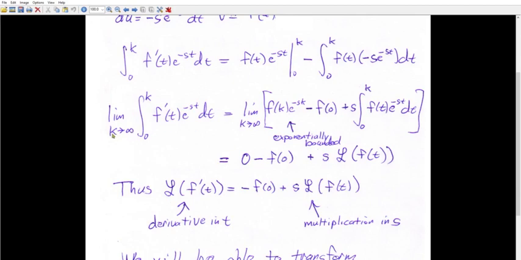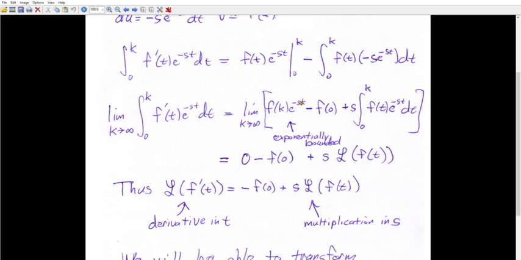And that means that when we take the limit of this integral, it's the same as taking the limit as k goes to infinity of this integral. You evaluate this thing at 0, you get f of 0. You evaluate this thing at k, you get f of k e to the minus sk.